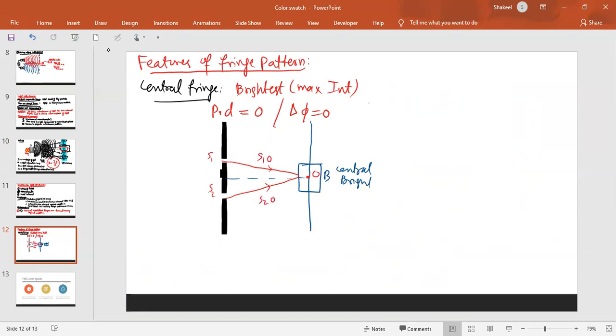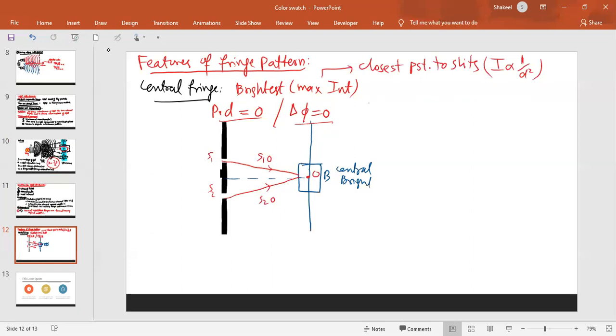Both are covering the same distance. That's why the path difference is 0 and the phase difference is also 0. That's why the central fringe is bright with maximum intensity, because it is at the closest position to the slits, and intensity is inversely proportional to d squared.